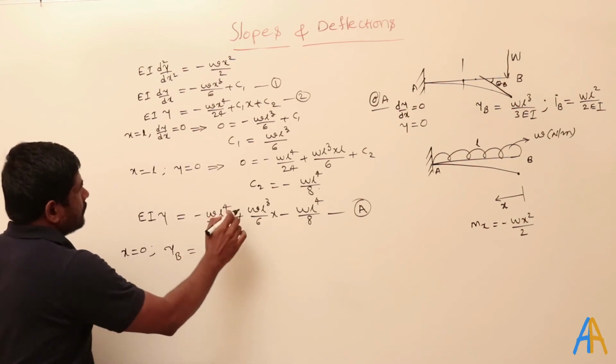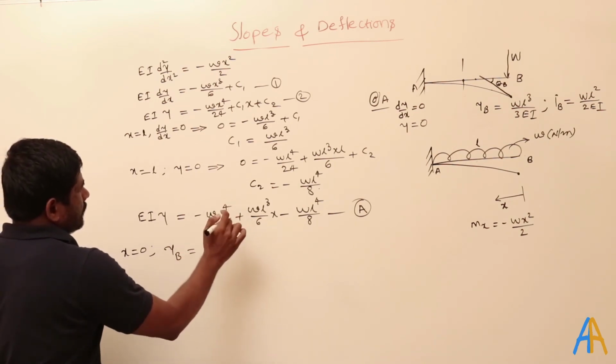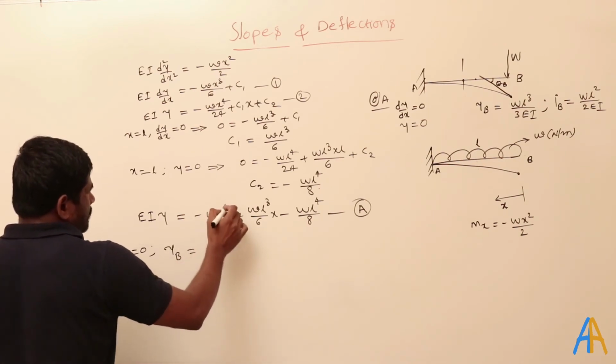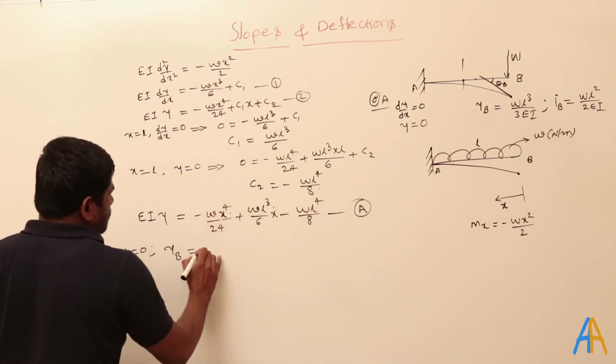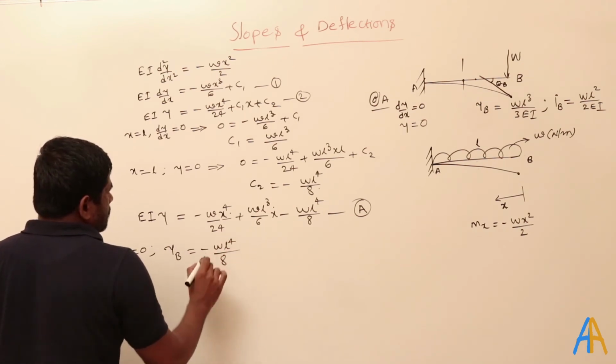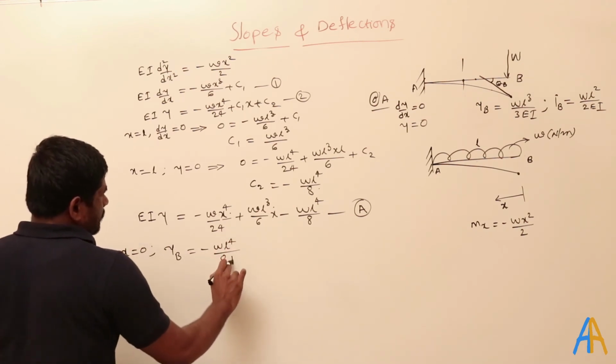If I substitute x here, this is not L, sorry, this is x. So x equal to 0, then what happens? This will become 0, this will become 0, finally this: wL⁴/8EI. EI is there. Always, you should not just remember this.